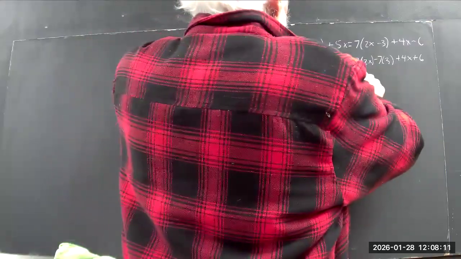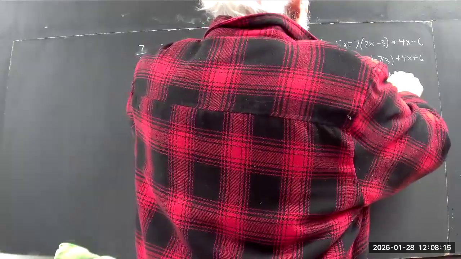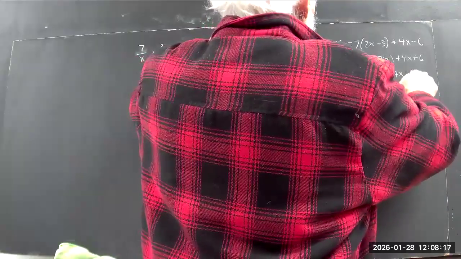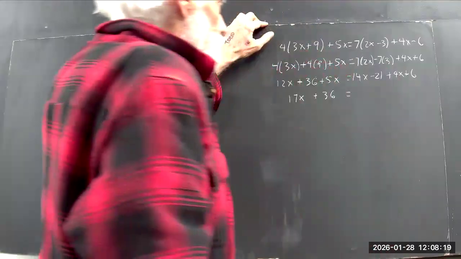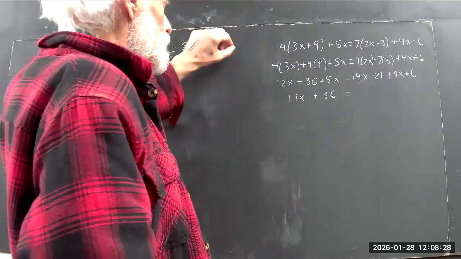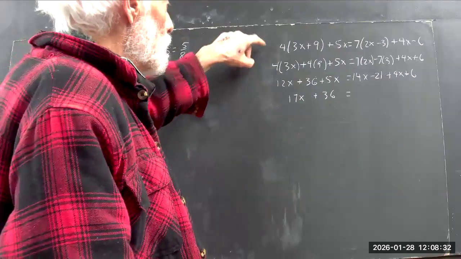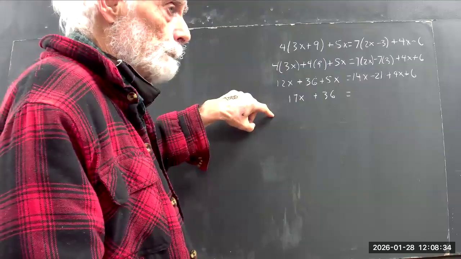That gives us 14x minus 21 plus 4x plus 6. And now we do the arithmetic. Also, when you're working these for homework, I'm not going to take the time now because I want to see if we can get to this last problem, you write out what you're doing in each step, okay?